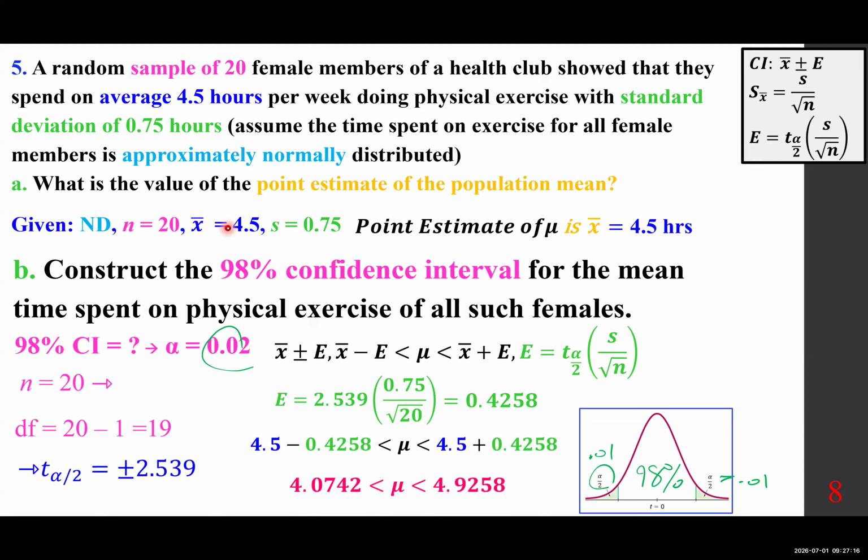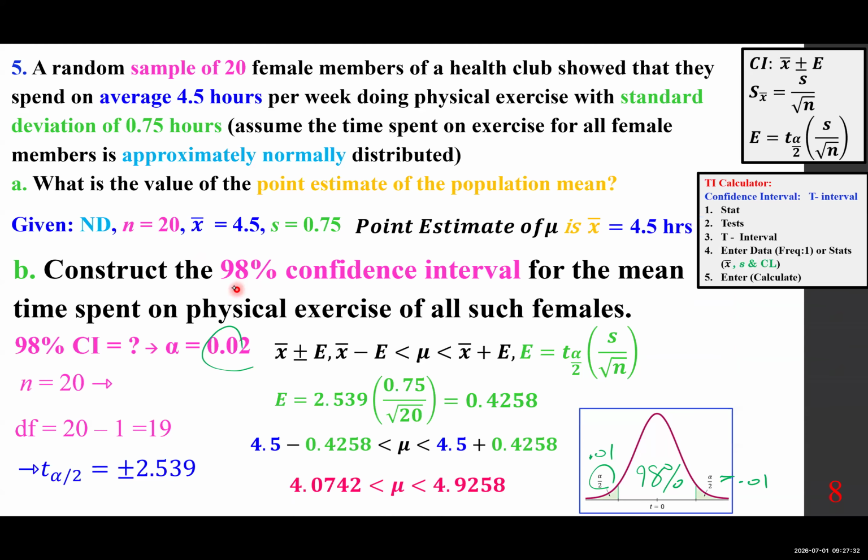So we are 98% confident that the true population mean is between these two numbers. That's the meaning of it. We are 98% confident. So having said that, if we want to use a TI calculator, we go to stat, tests, T interval, enter data, X bar, S, and confidence level.